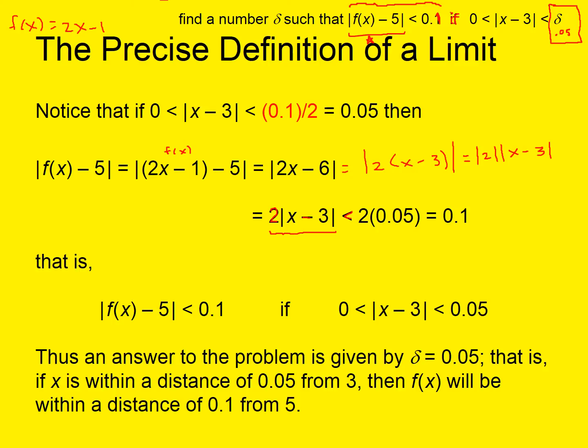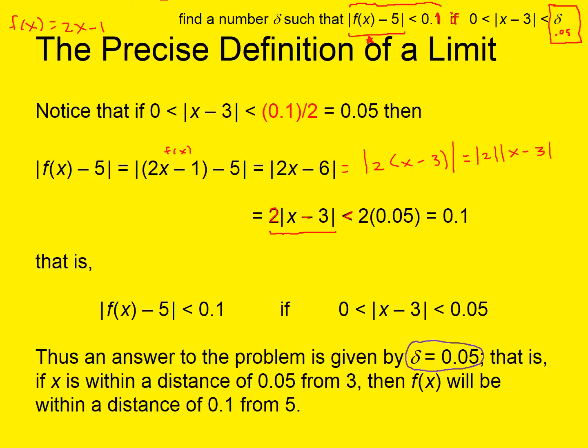And so that's going to be the answer, right? The delta is the 0.05. An answer to the problem is given by delta equals 0.05. That is, if x is within a distance of 0.05 from 3, it's pretty close, but we can do it, then f of x will be within a distance of 0.1 from 5.